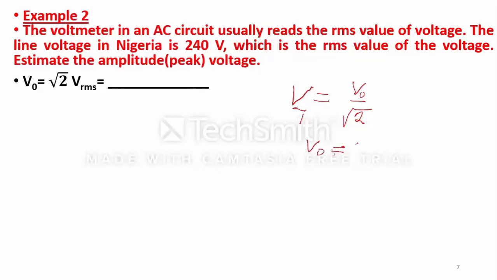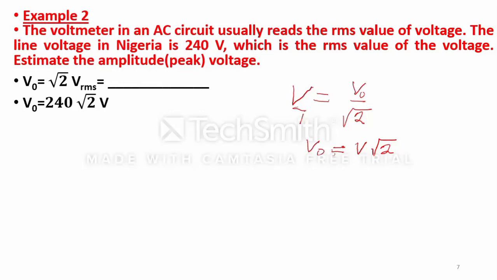Alright, so that's how we obtain this value. When you substitute the value of root mean square V, which is 240, then you get the peak voltage. The solution is below. I don't intend to simplify it further than this, but if you like, you can do it and check the final value.